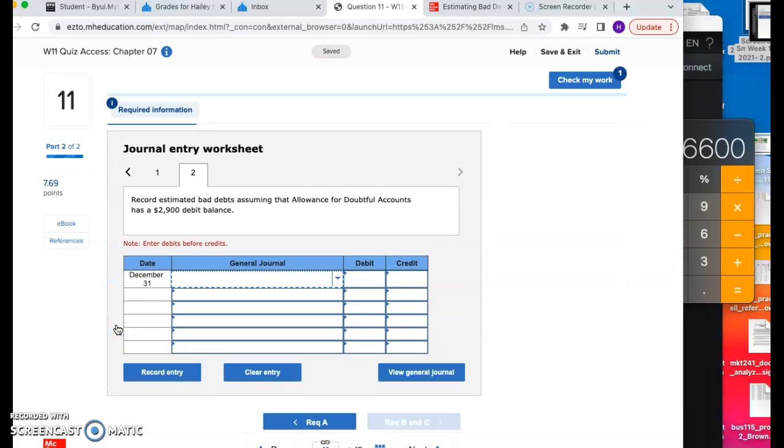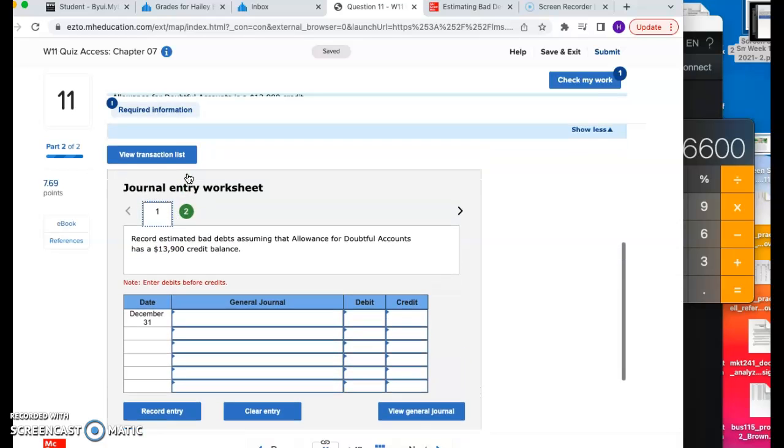So, the next part is record the estimated bad debts, assuming that the allowance for doubtful accounts has a 2,900 debit balance. Wait. Okay. Sorry, I skipped that. But we're talking about the 13,900 credit balance.